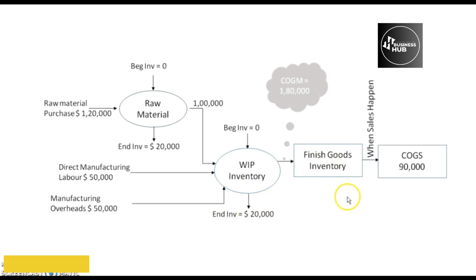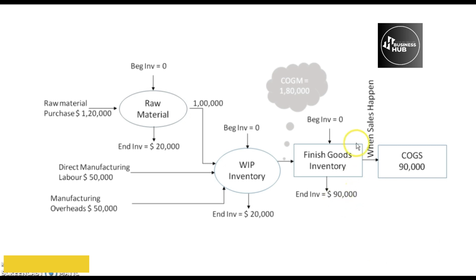Going further, imagine that you have sold only half of those finished goods during the year. So, at the end of the year, your inventory in the form of finished goods will be $90,000.